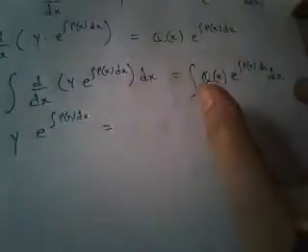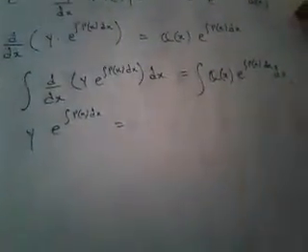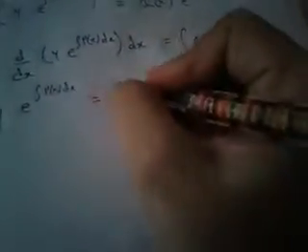You solve this thing, you're going to get definitely some answer, and that answer is going to be written over here plus some constant. That's how the linear ODE is going to be solved.